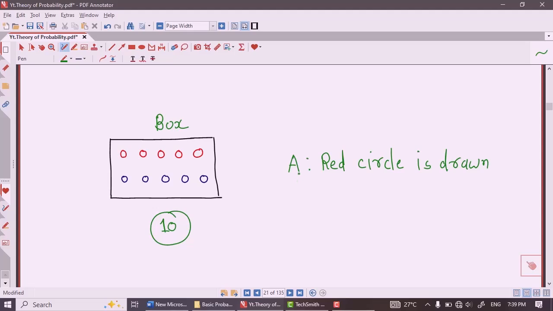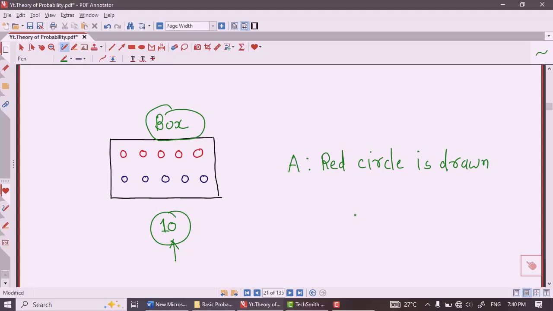First I am selecting one circle out of these 10 circles. That circle can be a red circle or a blue circle, and we consider event A as the drawn circle being red. Because there are 10 circles in the box, if we select one circle randomly, it can be selected in 10 ways.